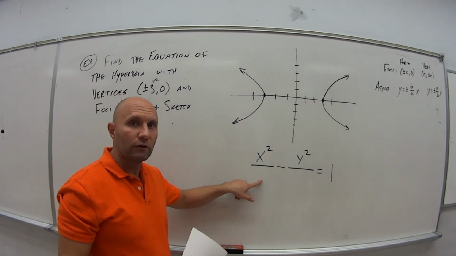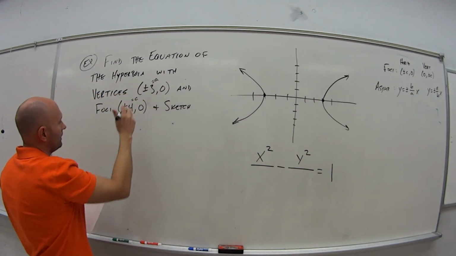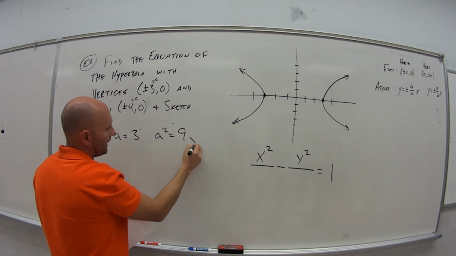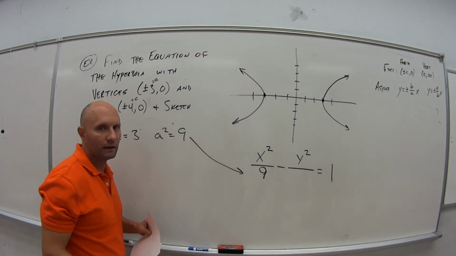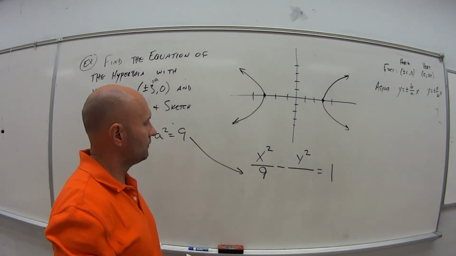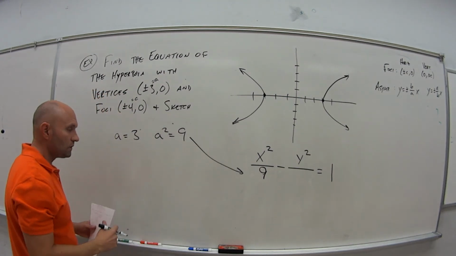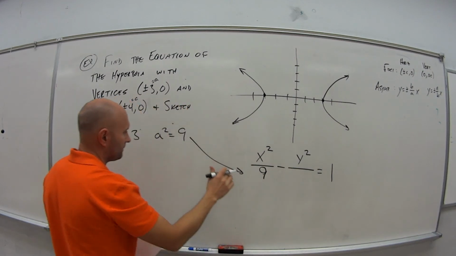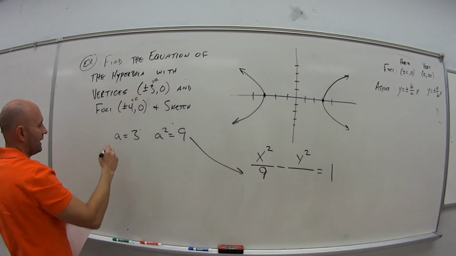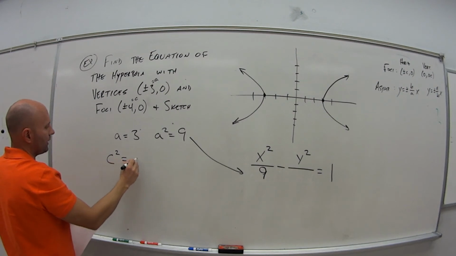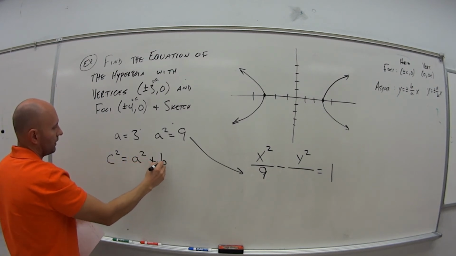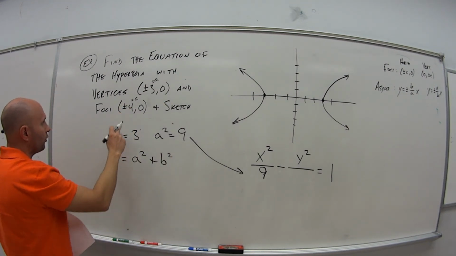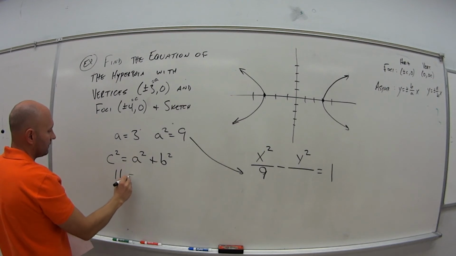So our a squared goes under the x. Well, a is equal to 3, so a squared is equal to 9. That's the value we put in the denominator of this portion of the equation. Now we need b squared underneath the y term. We're given c and we're given a, so from the formula, c squared equals a squared plus b squared. c is 4, so 4 squared is 16.